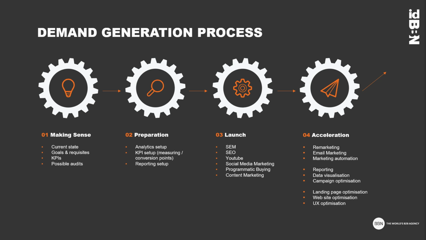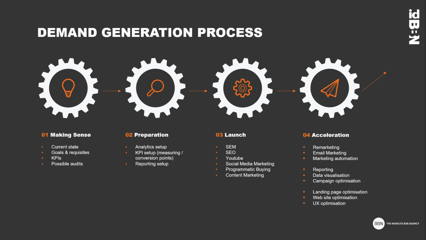We use dashboards to visualize the data gathered to help decision making. We do campaign optimization, which is always important. The first version is always a first version. It's like a minimum viable version, and this is when we make it really work. This is where we start getting those leads. We start selling and so on.